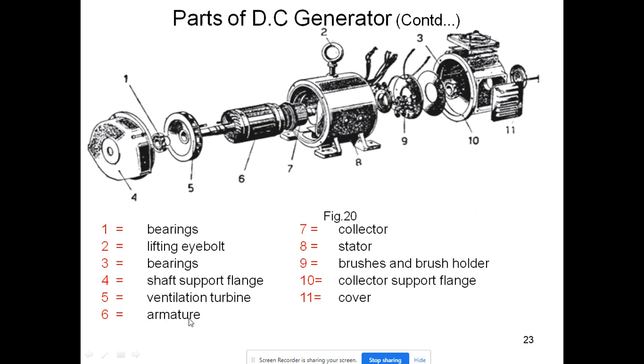And the sixth one is the armature. We already discussed this. The EMF will be induced in this armature. And the seventh one is the collector, which is nothing but the commutator. It collects the current. And eighth is the stator. This stator consists of poles, that is pole shoe and pole core, and the field winding.